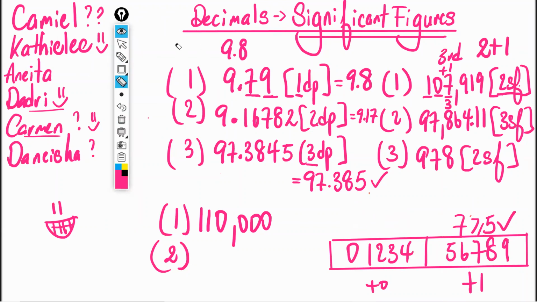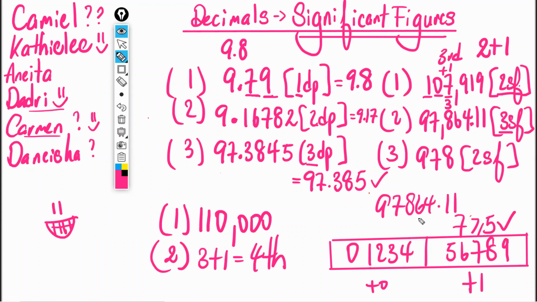So let's do number 2 now, which is 97,864.11. And they ask us for 3 significant figures. So we need to look at the 3 plus 1 place, which is the 4th place. And the 4th place, guys, 1, 2, 3, 4, is a 6. 6 is also greater than or equal to 5, guys.